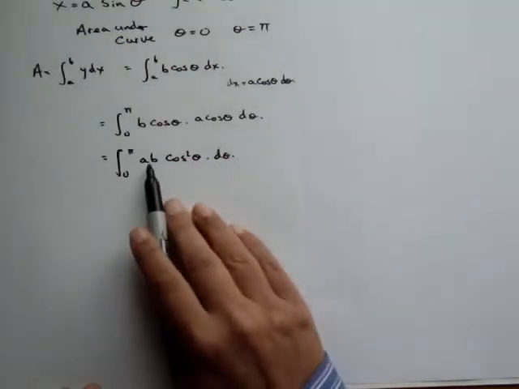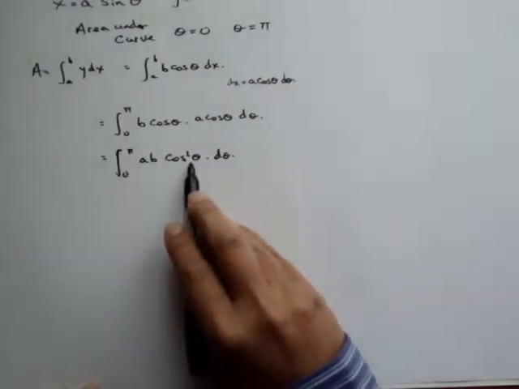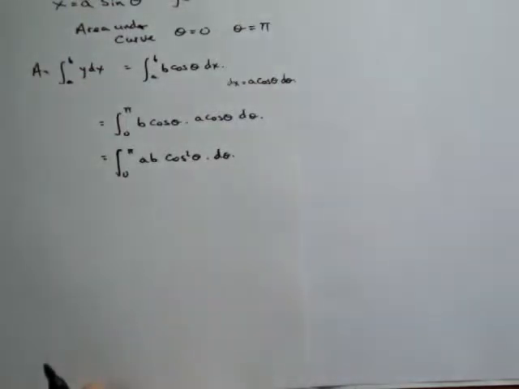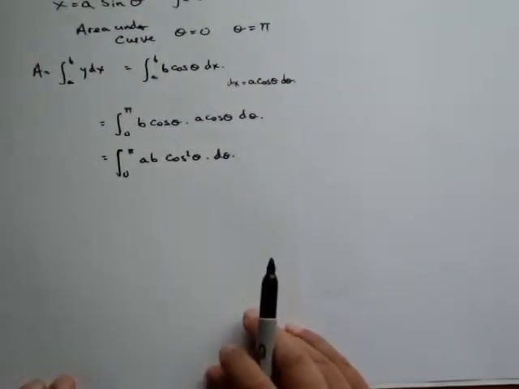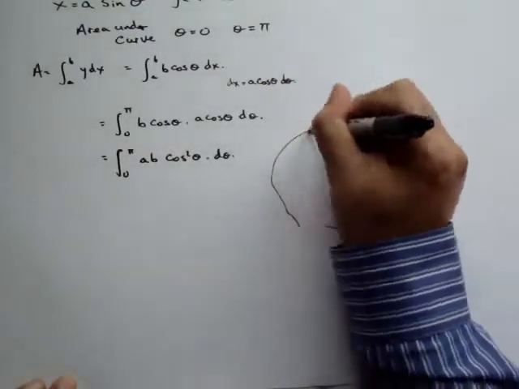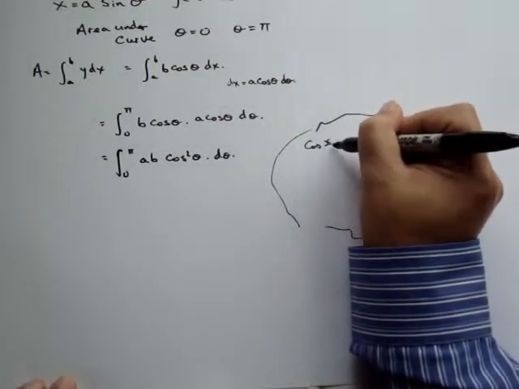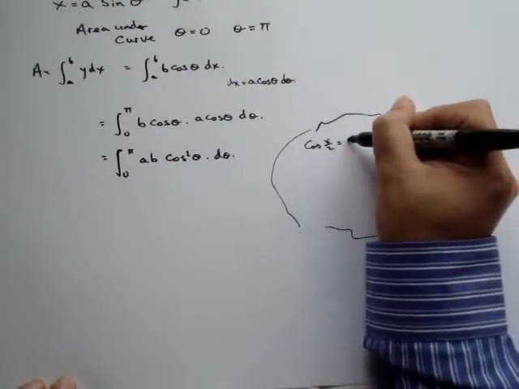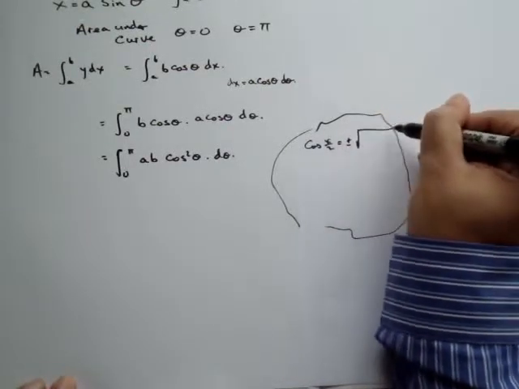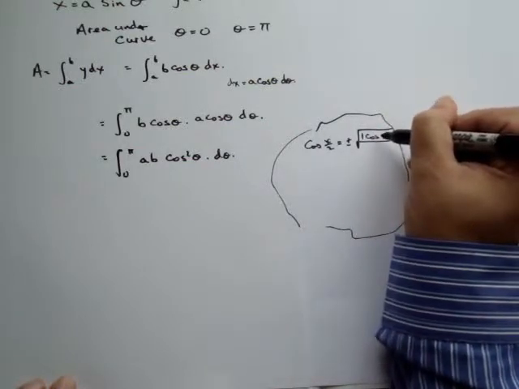Now this ab is a constant, so it can come outside, and we just need to integrate cos squared theta. So for our cos squared theta integration, we use our cos half angle rule. So if we do a little thought bubble here, cos of x over 2 equals plus or minus square root of 1 plus cos x over 2.